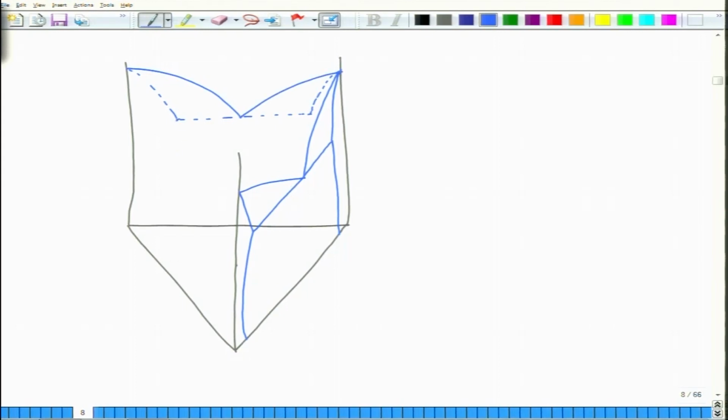And then we have a phase diagram on this side which is something like this.